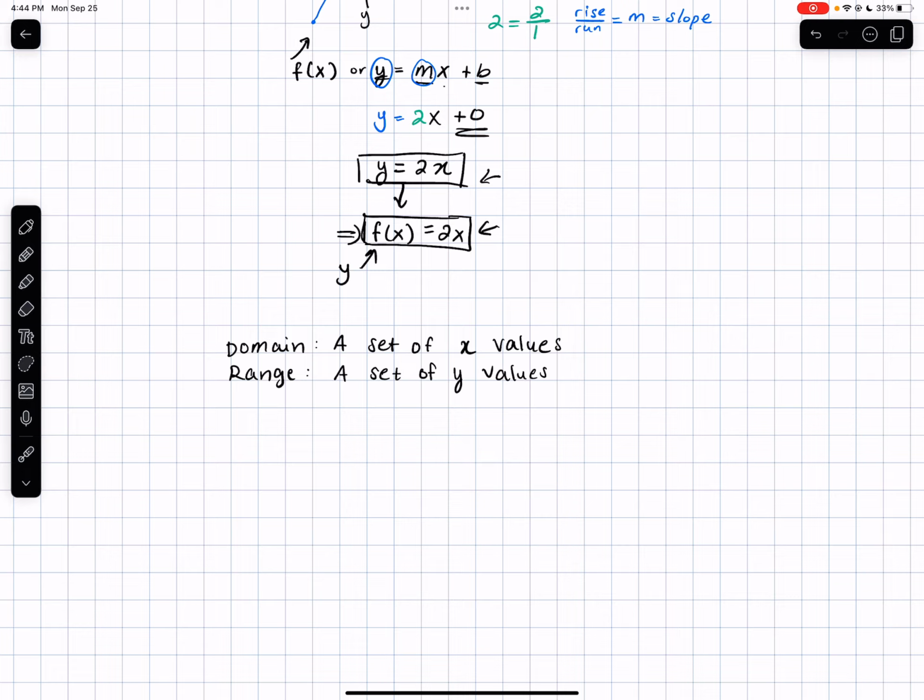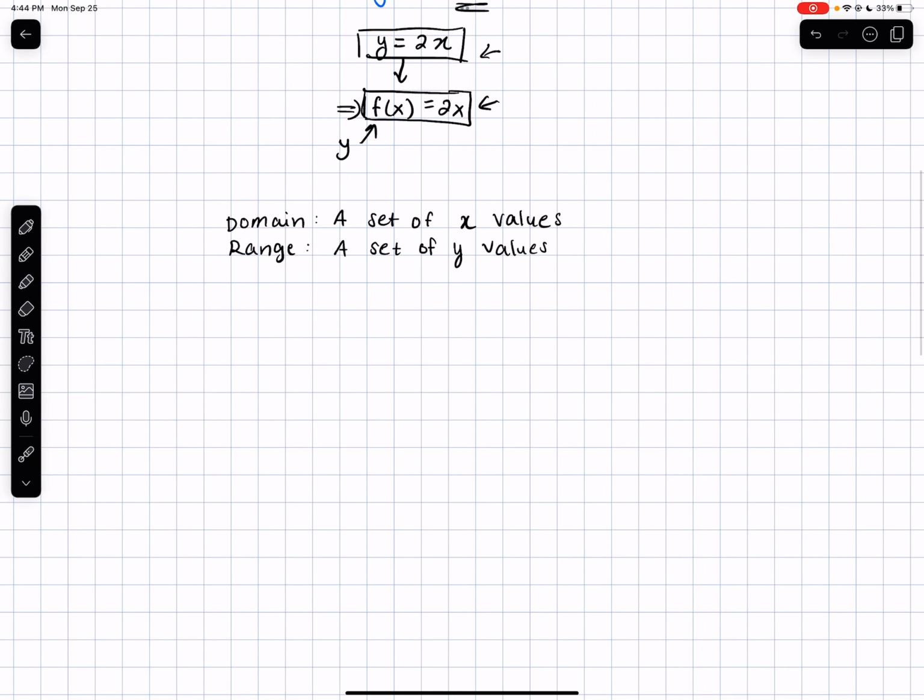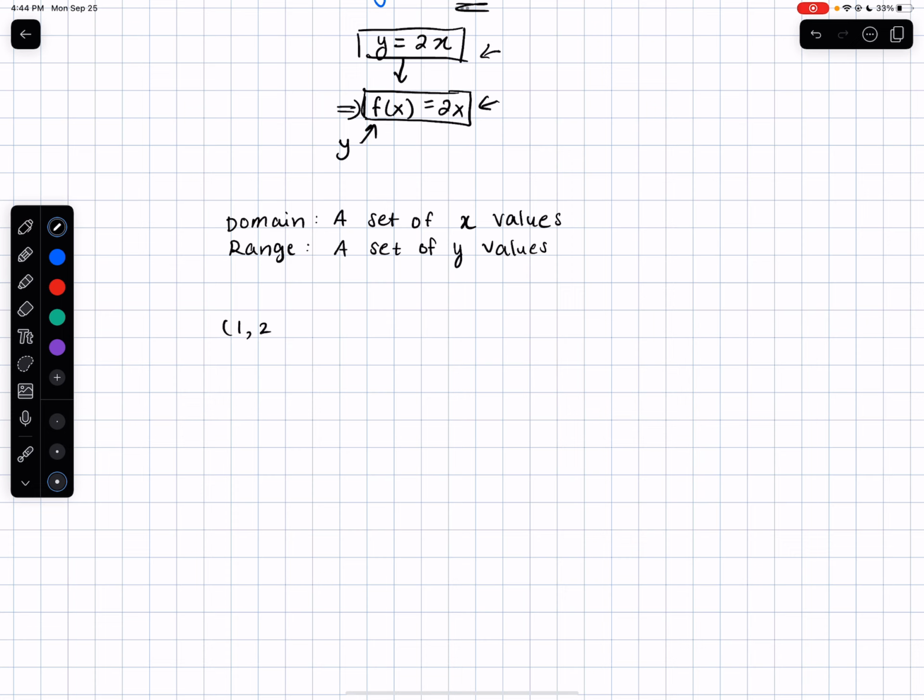So now let's say I had a couple points. Let's say I picked coordinates (1, 2), maybe (5, 7), and (8, 17), right? And the question says, what is the domain? What are the domain and the range for this set right here?